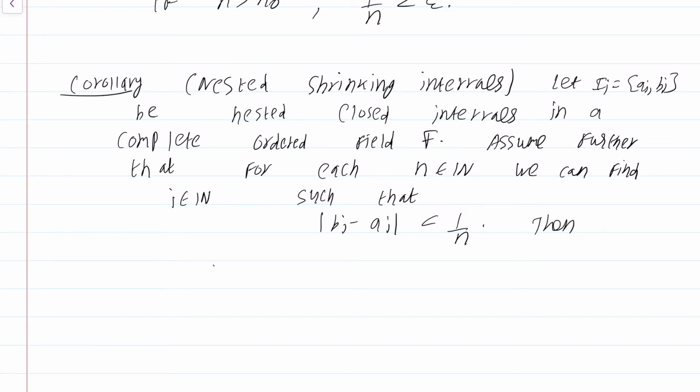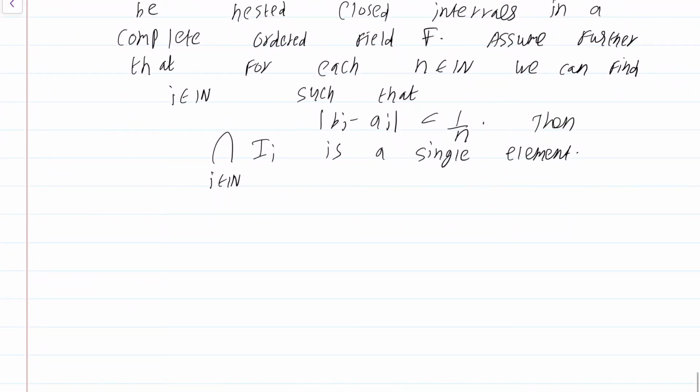Then the intersection of the I_n is a single element. Note that in the nested intervals theorem, we just have that the intersection of the I_n is some non-empty set. Now we are saying that it's going to be a single element.